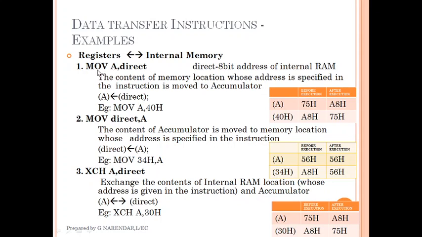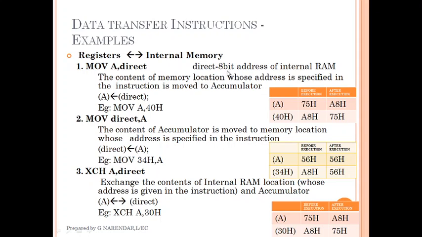You know that MOV is the opcode, it specifies the copy operation from source location to destination location. Here the destination location is register A, but what is the source location? Source location here we have written as direct. What is meant by direct then?